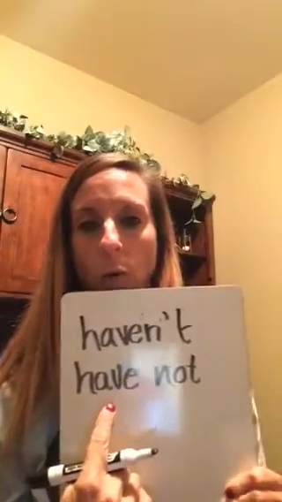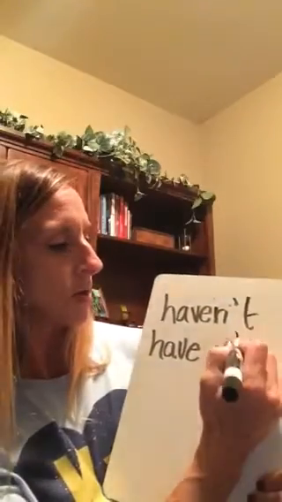I'm going to write both so you can see it. Here's haven't, H-A-V-E-N apostrophe T. So it stands for the words have not. Basically you squeeze the 2 words together, and the apostrophe stands for the O. We take out the O and you squeeze it all together. So haven't stands for have not.